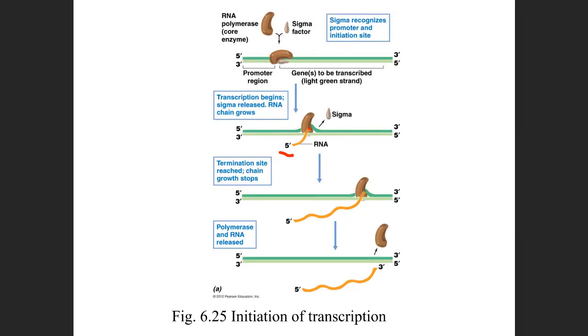Okay, now we're back to the question about which strand is actually being read. It says the light green. Why is it light green? Well, if you think about it, remember the rule I mentioned earlier. When you have double-stranded DNA or RNA, it needs to be anti-parallel. So you don't even need to know which direction the template is.